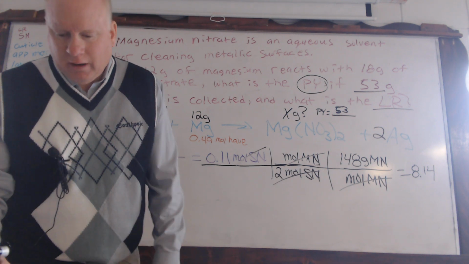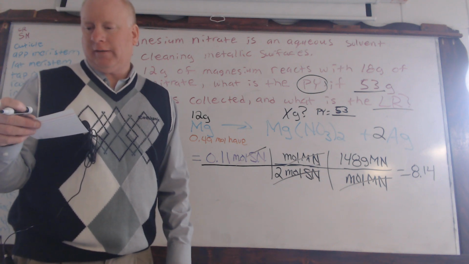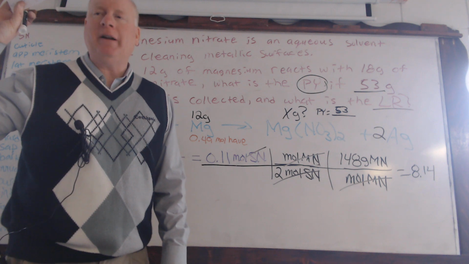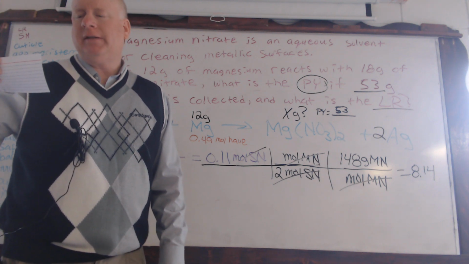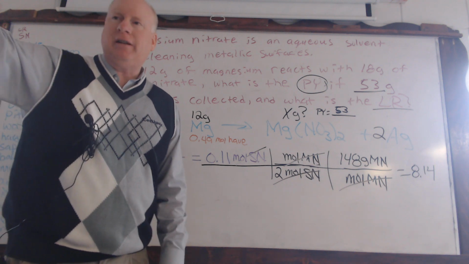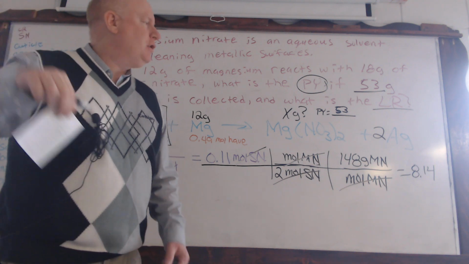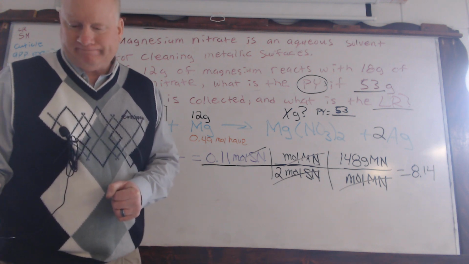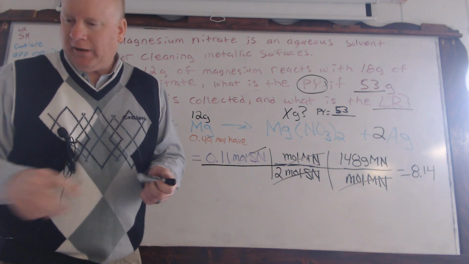I used the excess reactant on here. I made a mistake because I was thinking, oh, this is going to work out just fine. I come up with 73. But that's if you use the excess reactant. I needed to use the limiting reactant, so trying to do too many things at once.